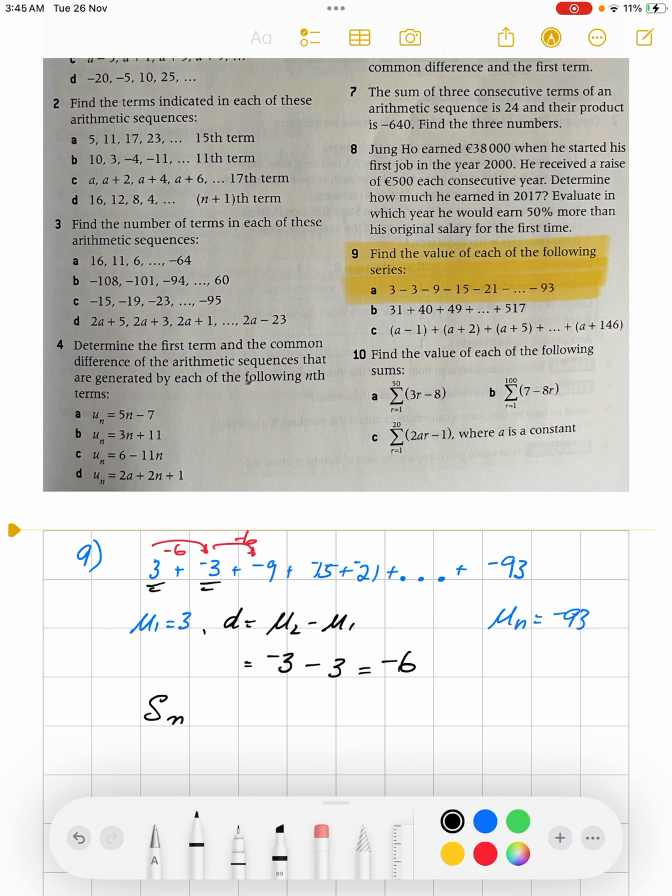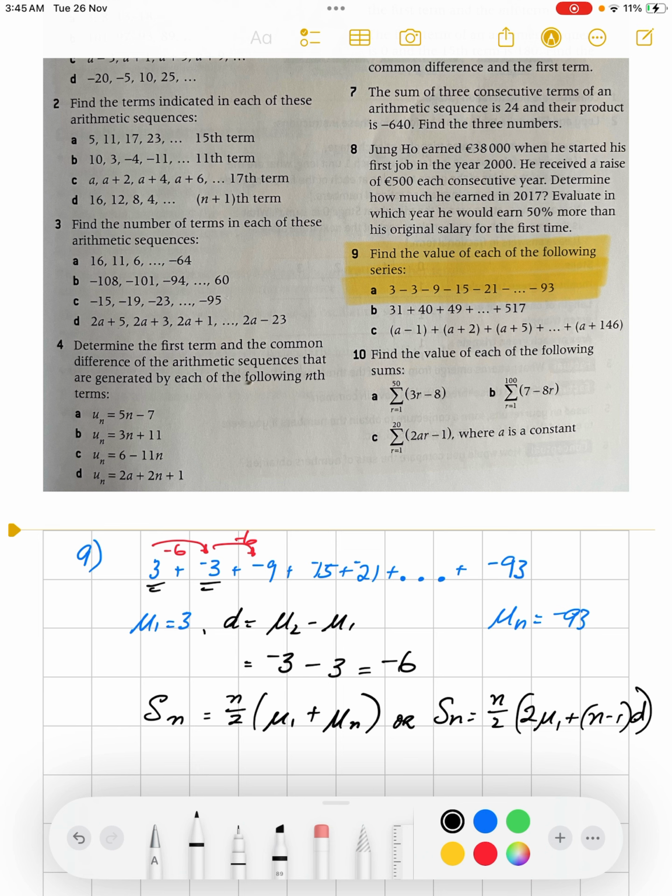So there's two formulas we can use. There's n over 2, half of the number of terms, times the first term and the last term. Or there is a formula where if you don't know the last term, you could use n over 2, double the first term, 2 times the first term, plus n minus 1 d.